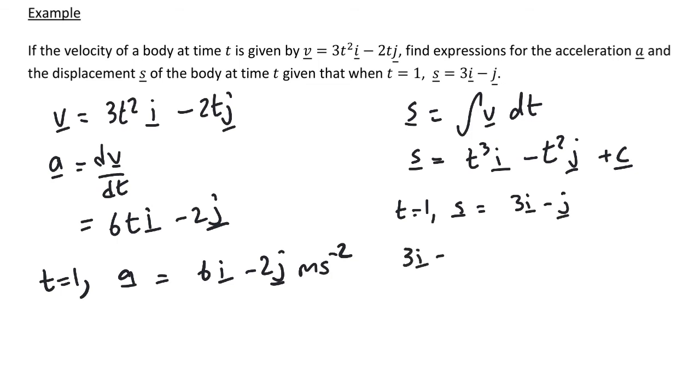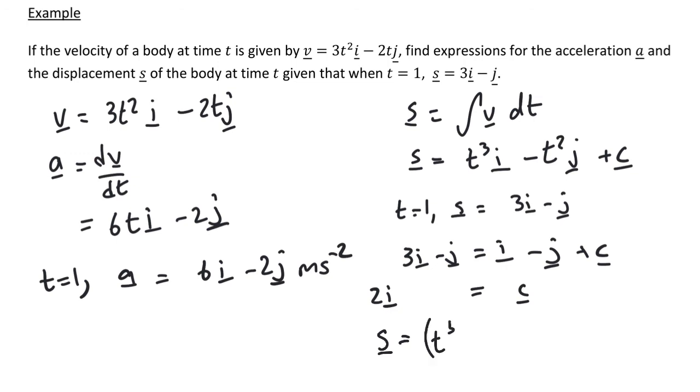So 3i minus j is going to equal i minus j plus c. So c then equals 2i, and the j's cancel. So our expression for s then is t cubed plus 2 i minus t squared j. And obviously we don't need to substitute in t equals 1 because we know the displacement. Meters.